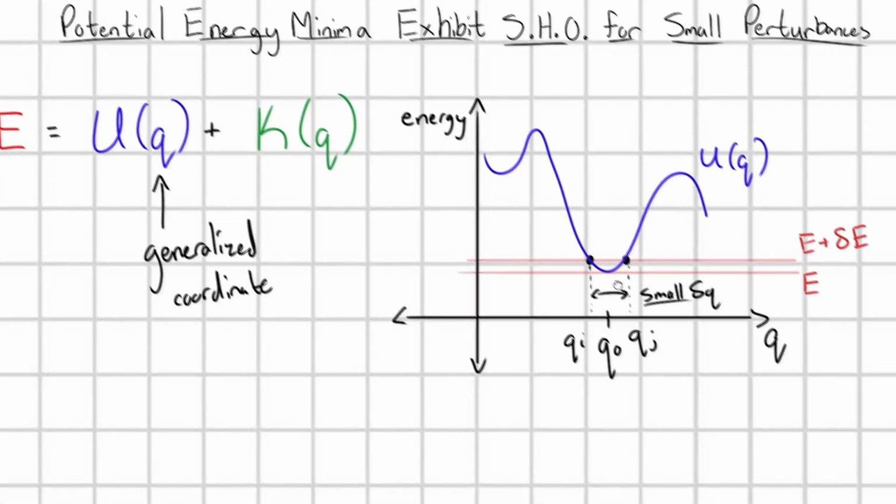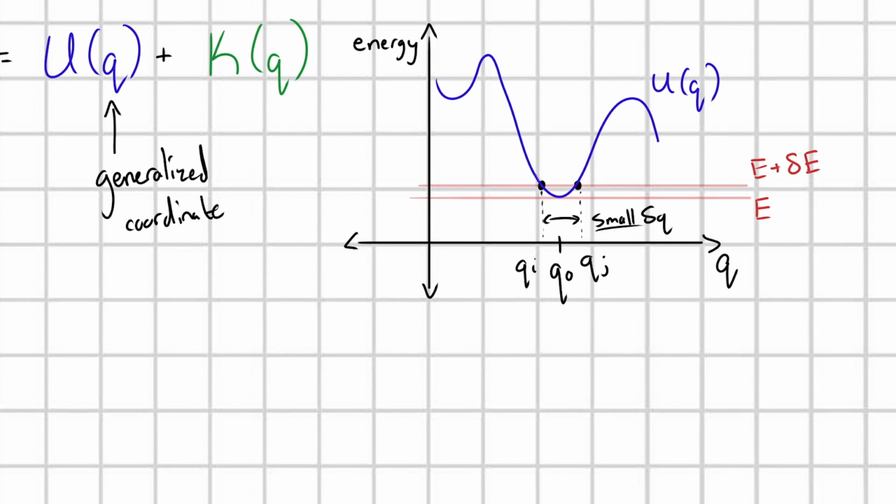Let's see how. Okay, so I have this smooth function here, and that means I can Taylor expand this u of q out, right?